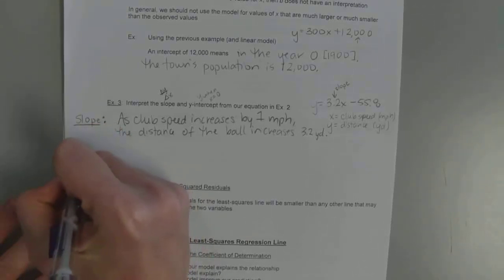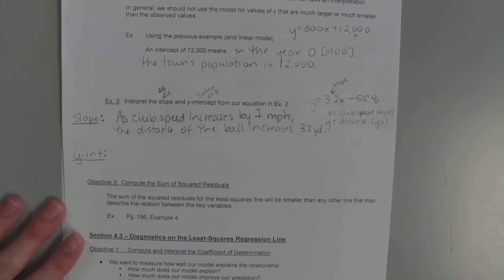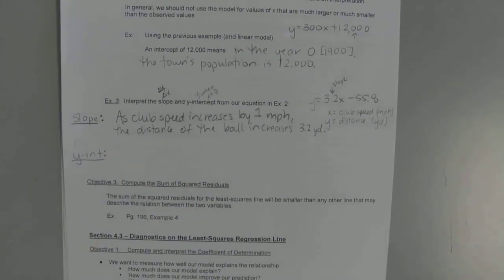The y-intercept is always when x is 0. So, in this problem, what is x, your club speed? If x was 0, we're swinging our club 0 miles per hour, our golf ball should travel negative 55.8 yards. Does any of that make sense? No. First of all, your golf ball shouldn't travel at all if you're swinging at 0 miles per hour. And secondly, I don't know what a distance of negative means. They go backwards? So this would be an instance where you would choose not appropriate to interpret.